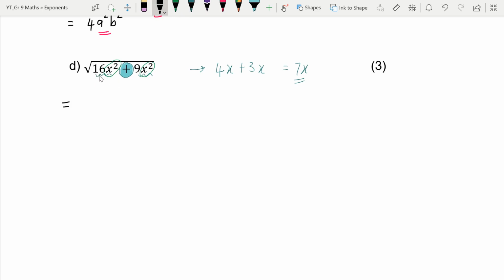So 16x squared plus 9x squared would give us 25x squared. So we're simplifying what is underneath the square root. And now we've got one term underneath the square root. So that will give us 5x, and there would be our final answer. Do you see that gives us a completely different answer? And so make sure if this is something strange for you, recap your square root laws.